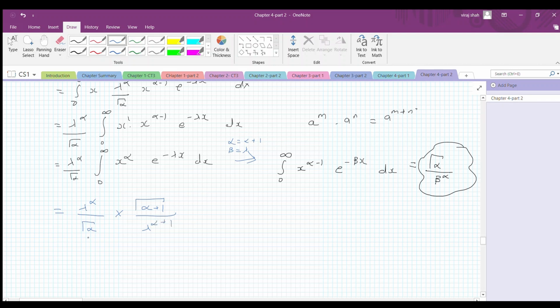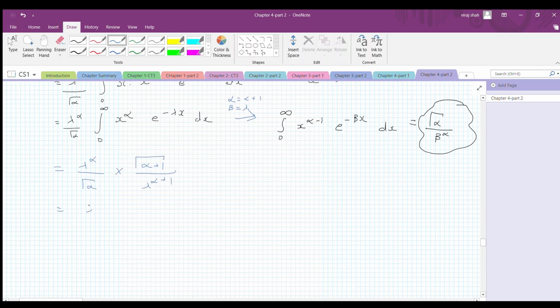I can now simplify this. I can write this as lambda raised to alpha upon gamma of alpha into, what is the property of gamma of a? It is nothing but a minus 1 factorial. So I can write this now as alpha minus 1 factorial.